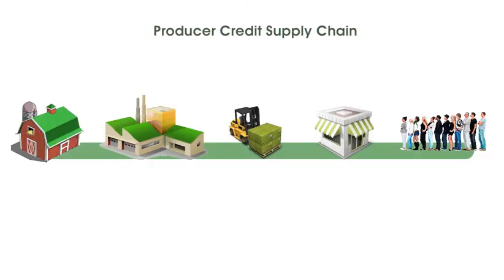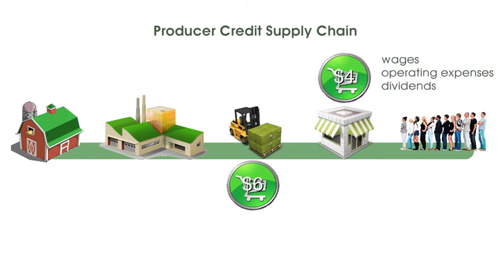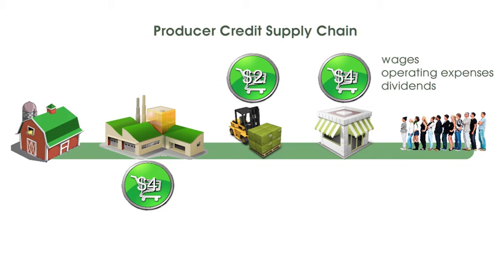Again, the whole system can be simplified if only the retailer issues producer credits. Step 1. The retailer spends $6 of retailer credits for the wholesale goods and $4 of retailer credits in wages, etc. Step 2. The wholesaler spends $4 of retailer credits for the processed goods and $2 of retailer credits in wages, etc. Step 3.